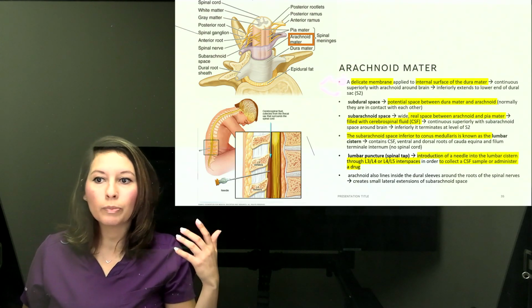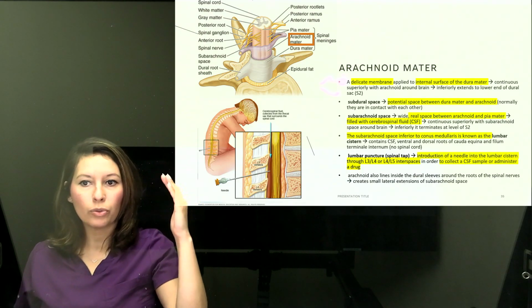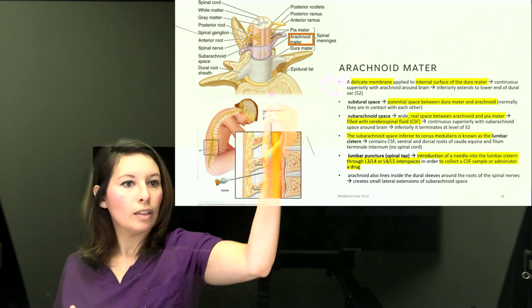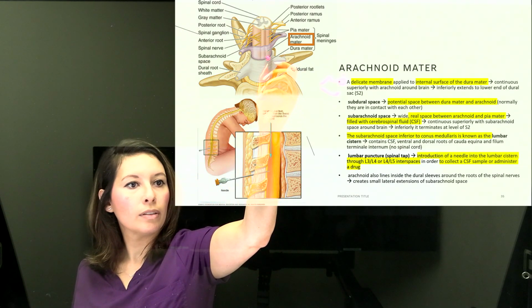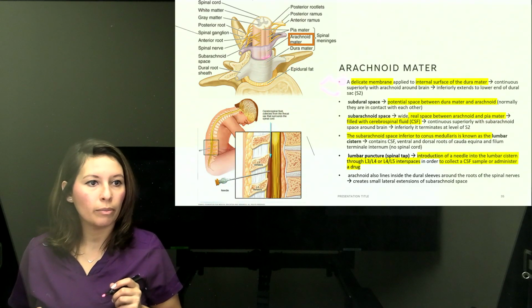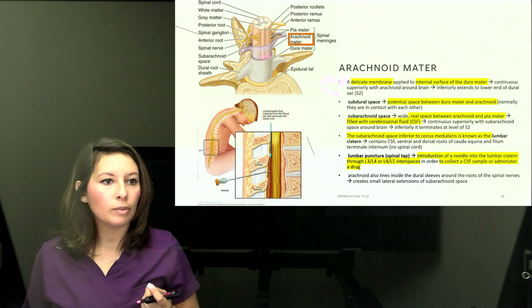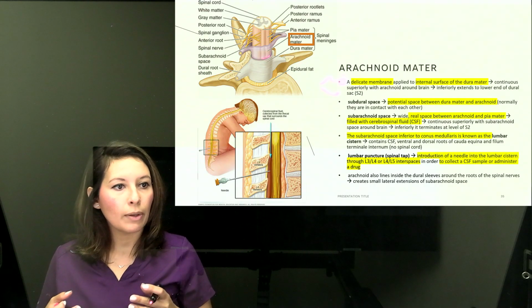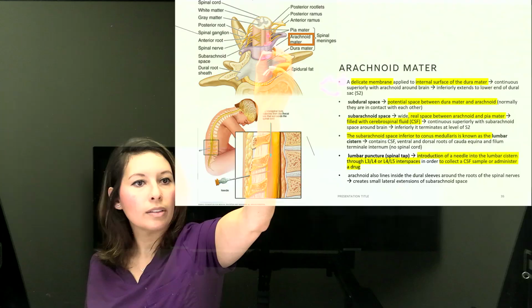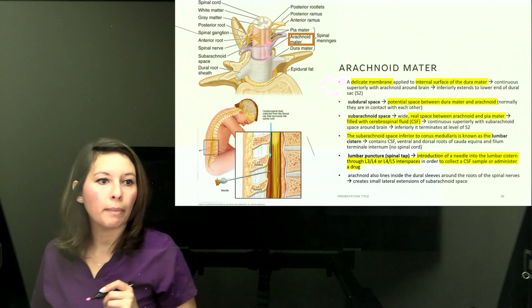The subdural space is a space between the dura mater and the arachnoid mater. So it would be located around here, right, between the dura mater and the arachnoid mater. And then the subarachnoid space is a real space between the arachnoid and the pia mater. So it'll be around here, because that is representing the pia mater.